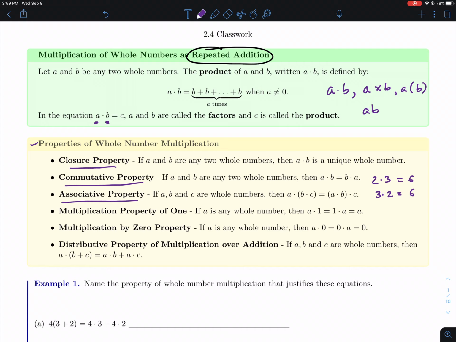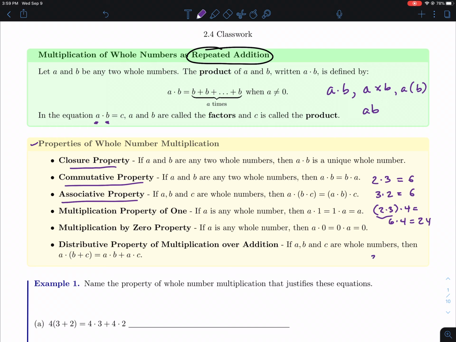Associative property, again, we had this for addition. You can rearrange how you multiply things and you'll get the right answer. For example, if I do 2 times 3 times 4 with the parentheses around the 2 and the 3, I have to multiply those first because of order of operations. So 6 times 4 equals 24.